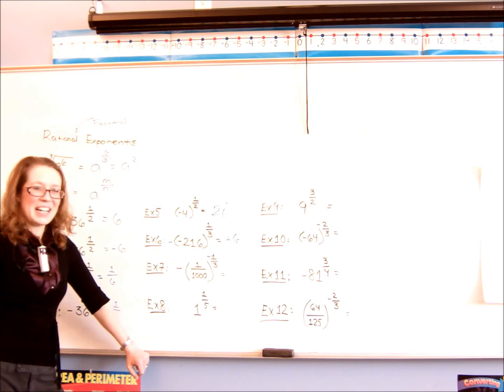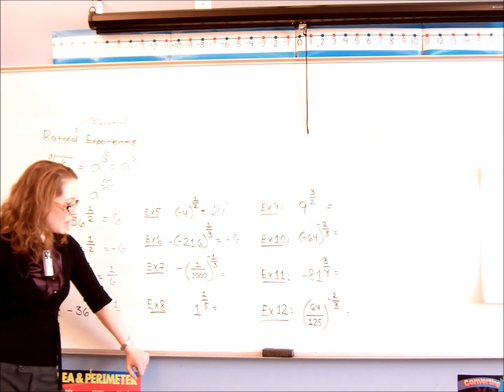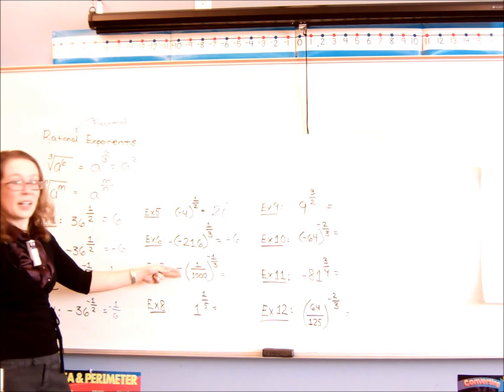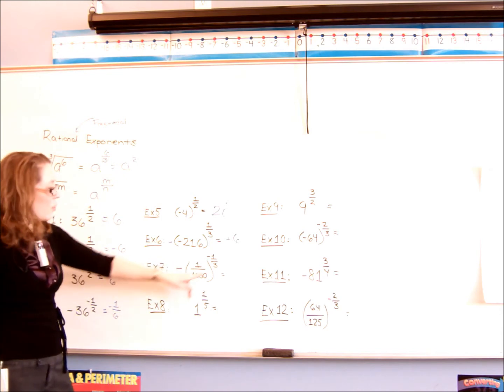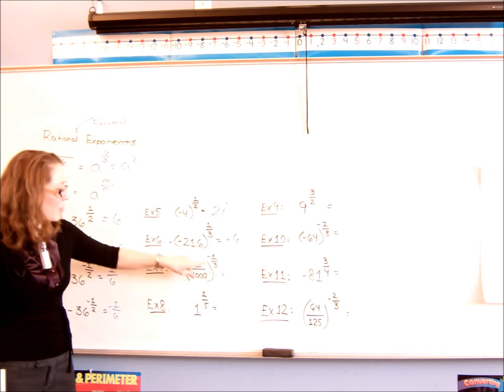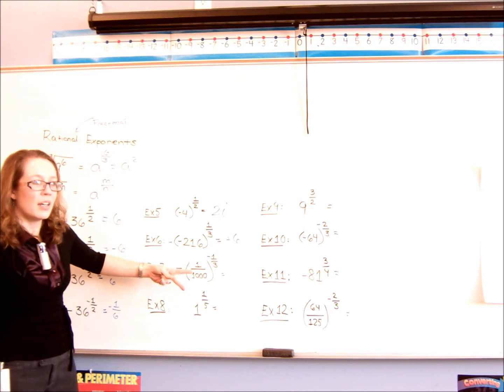Okay, number 7. Lots of things going on in this problem. We have the opposite of 1 over 1,000 to the negative 1/3. Let's worry about the opposite at the very end. What type of root am I asking you to take? Cube root. And since this is a negative, after we get our answer, we're going to flip it.